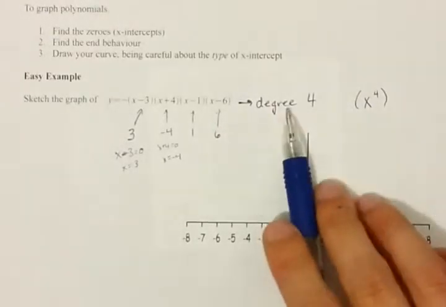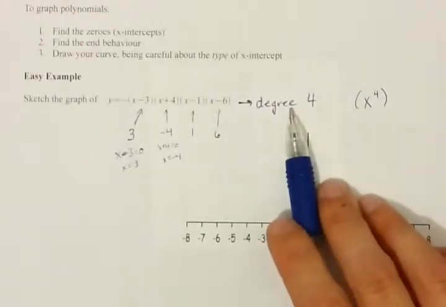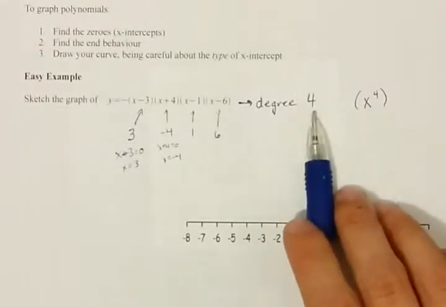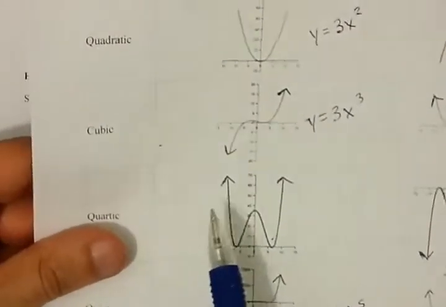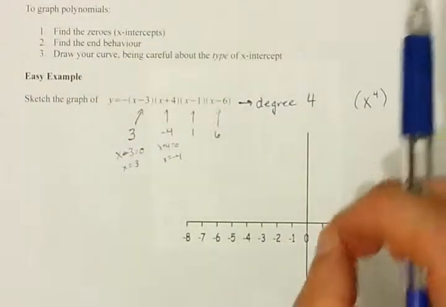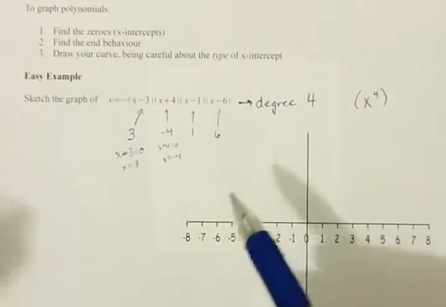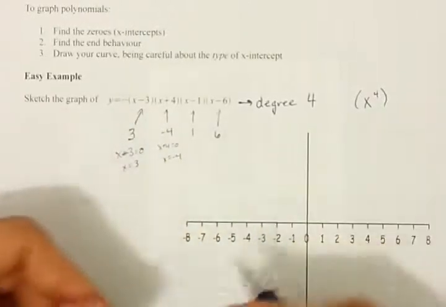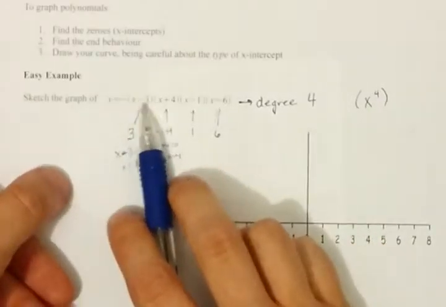Why the degree is important is because of the end behavior stuff we did last lesson. Remember, the end behavior of an even degree is up in both directions or down in both directions, depending on the leading coefficient. Now, you may get to a point where you can identify the leading coefficient immediately. You have to watch out for these.